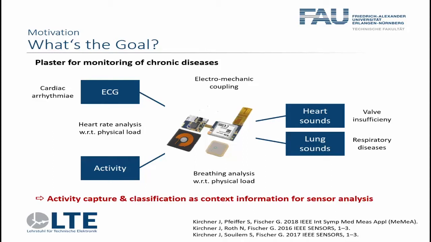Because ECG or breathing is more informative if you know if the patient is at rest, for example, or if he's doing heavy sports and therefore heart rate increases. Now, what we use the activity for is as context information for our sensor analysis.